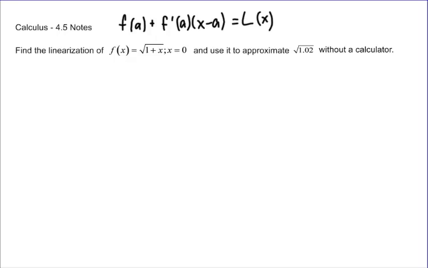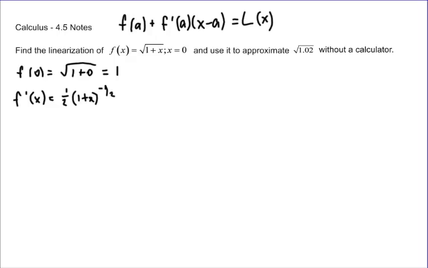We're really interested in f at 0, which is the square root of 1 plus 0, which is 1. That's f of a. The derivative of f is 1/2 times 1 plus x to the negative 1/2.